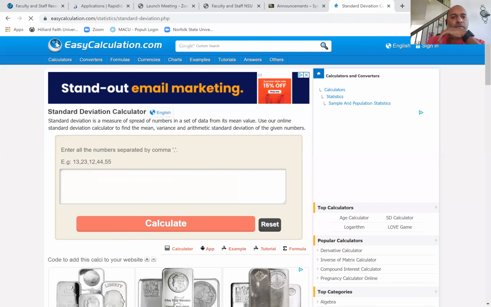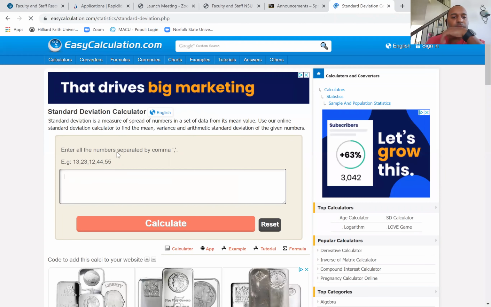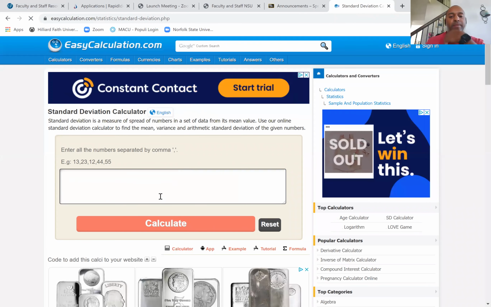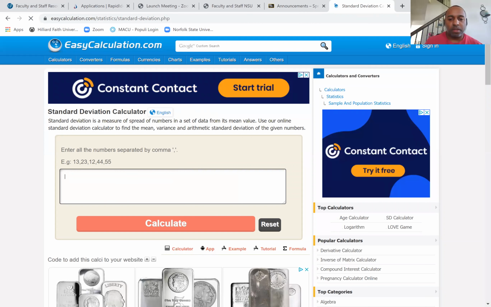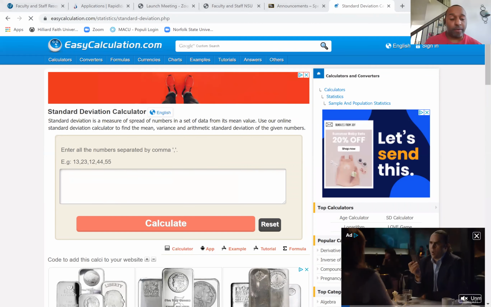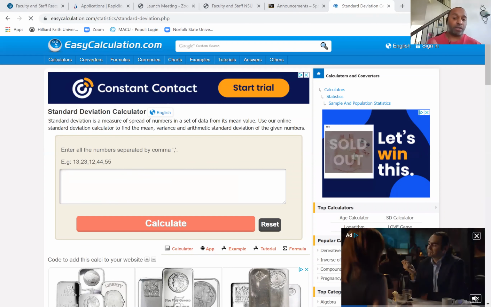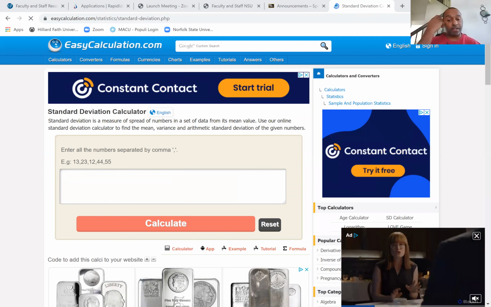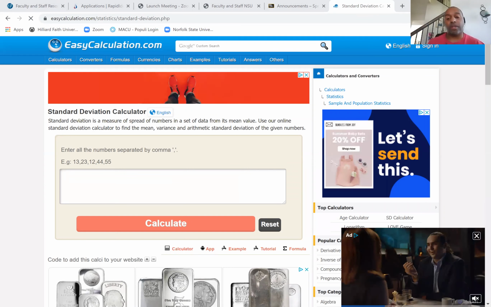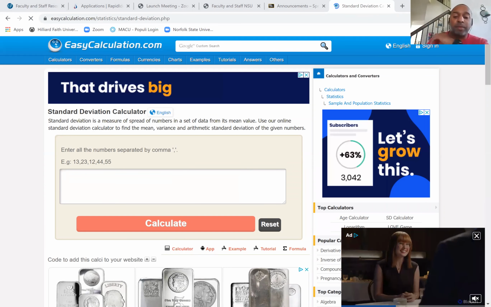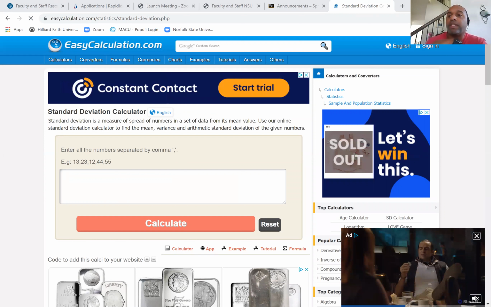All right, so notice the directions. Enter all numbers separated by a comma. Always pay attention to directions. Some say separated by space, some say semicolon. It just depends on your app, website, or calculator that you're using. This website asks us to separate it by a comma. So that's 62, 88, 77, 68.